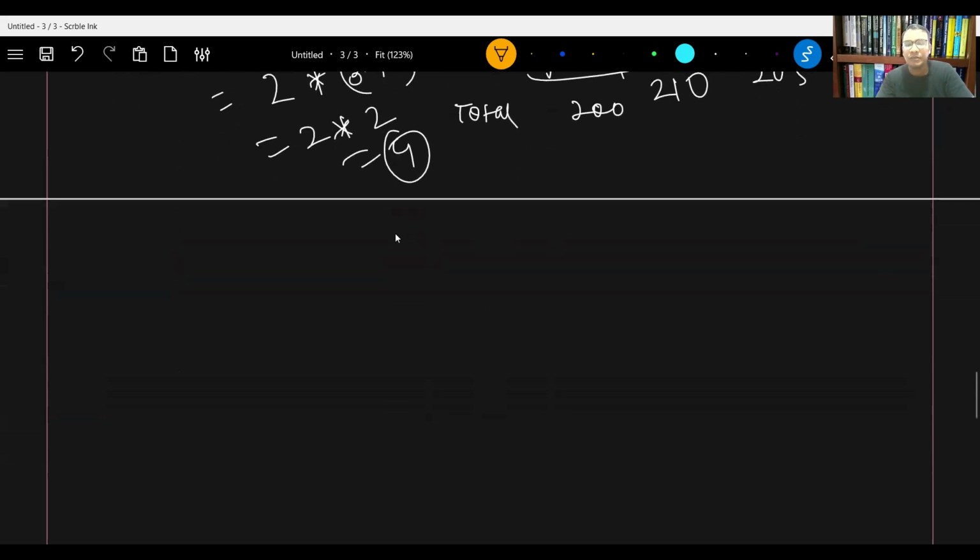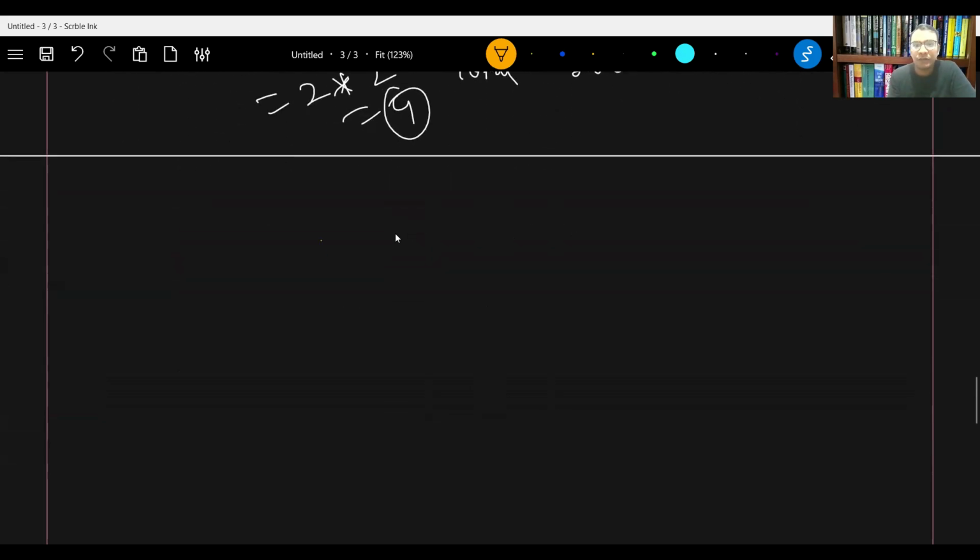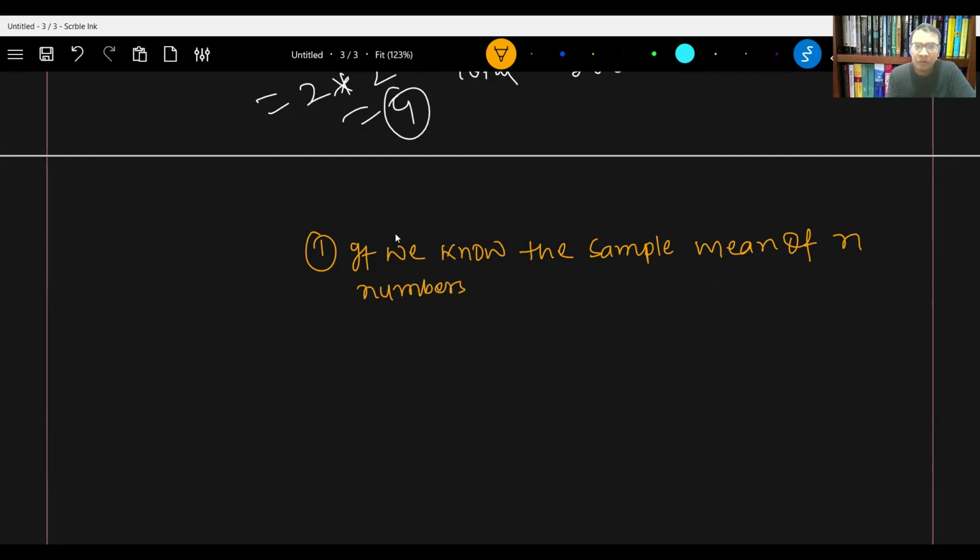So what we learned here? First concept: if we know the sample mean of n numbers, then n minus 1 numbers are enough to tell the complete story.